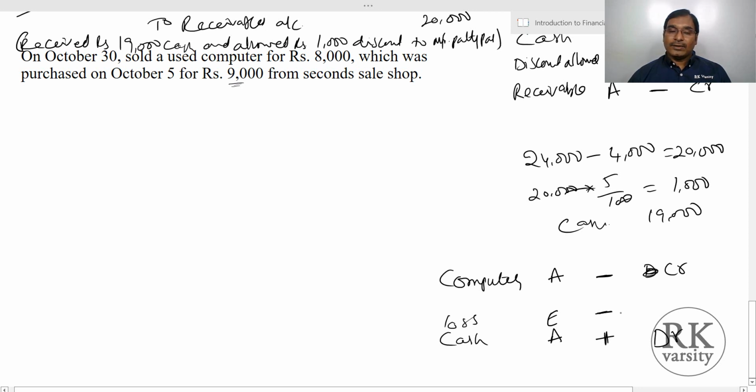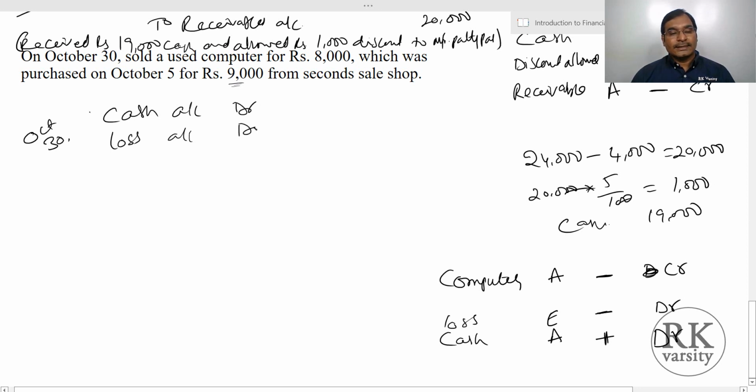And when there is a decrease in owner's equity, we debit. So for this transaction, our journal entry will be October 30. Then which accounts we have to debit? One is that you have a cash account debtor. Then you have a loss, that is your revenue loss account debtor to computer.